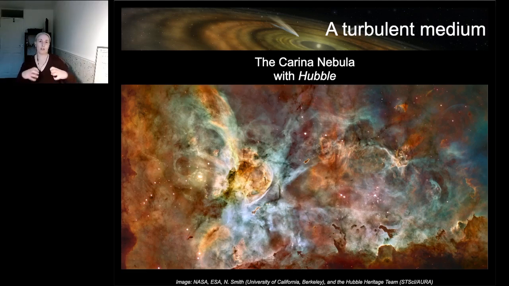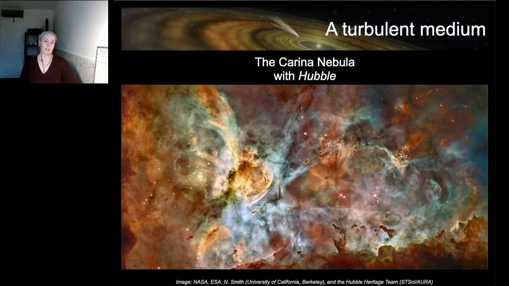And this imparts a huge amount of energy into the surrounding medium. And this is what's injecting energy and turbulence into the star-forming region, and what's creating these beautiful filamentary structures, and also leaving behind these dense regions here, very similar to, again, the pillars of creation that we saw when we looked at the Eagle Nebula a few slides ago.